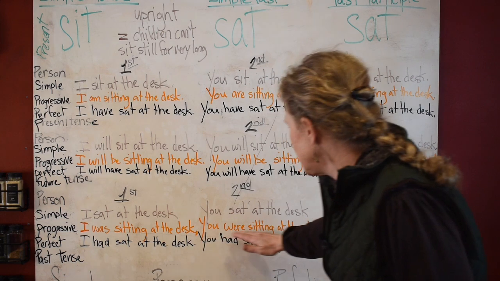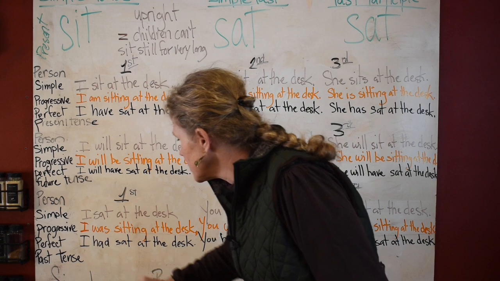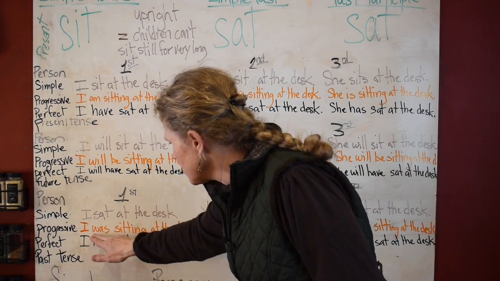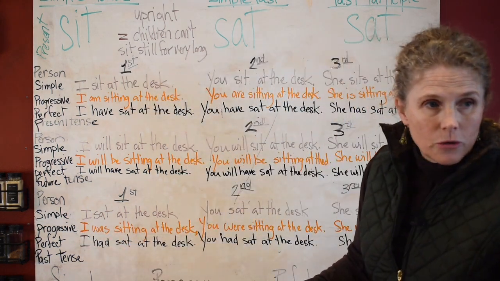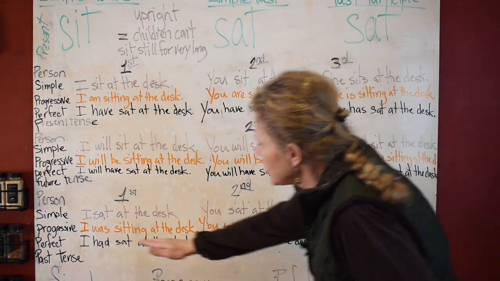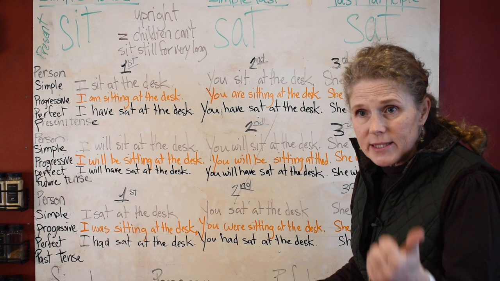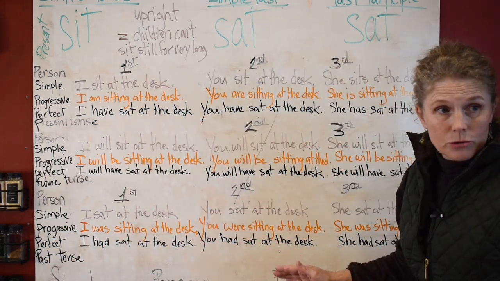Progressive: I was sitting at the desk. Was is singular, takes the singular verb. So you have to make sure that your subject and your verb match. You say was sitting; was and were are the verbs that you use in the past.